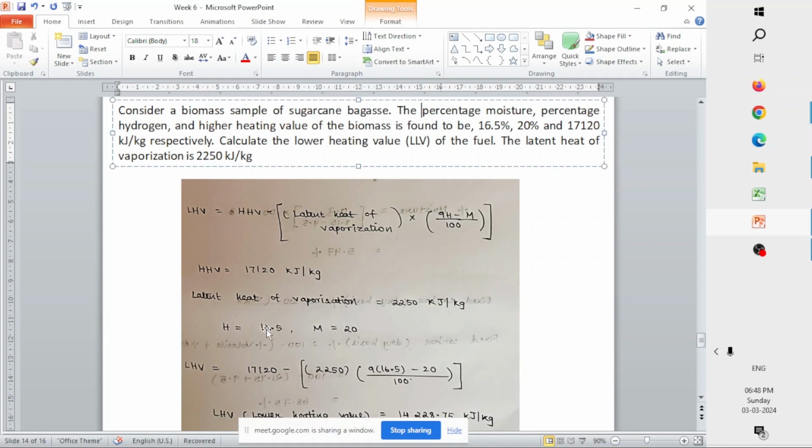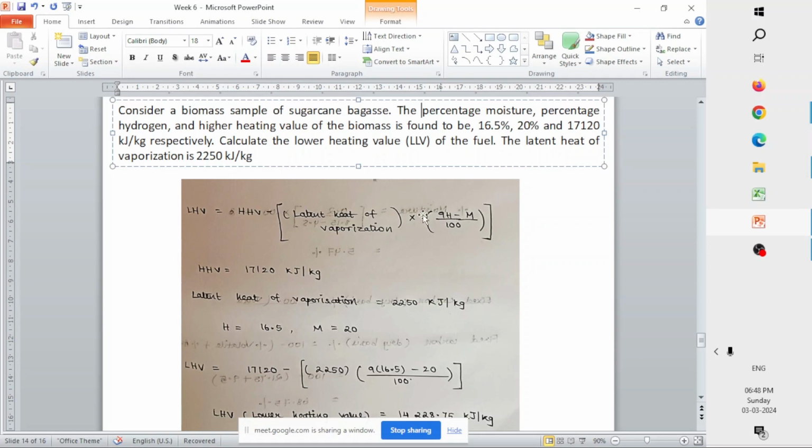So H is 16.5. Here we take specifically only 16.5 and not 0.165, or 0.2 for moisture, because we are already dividing the formula by 100. So we don't convert them into fractions, we just take their absolute value, because 100 is already included in the formula.